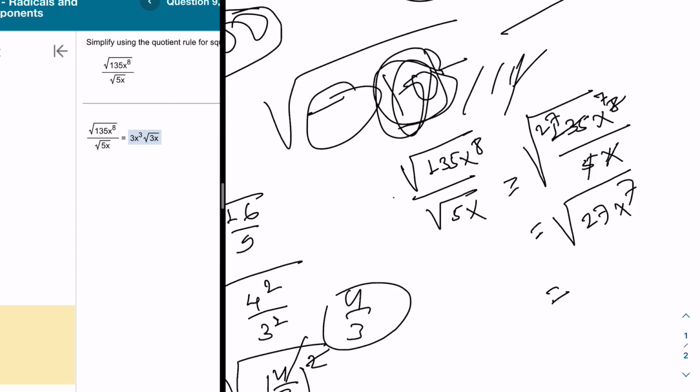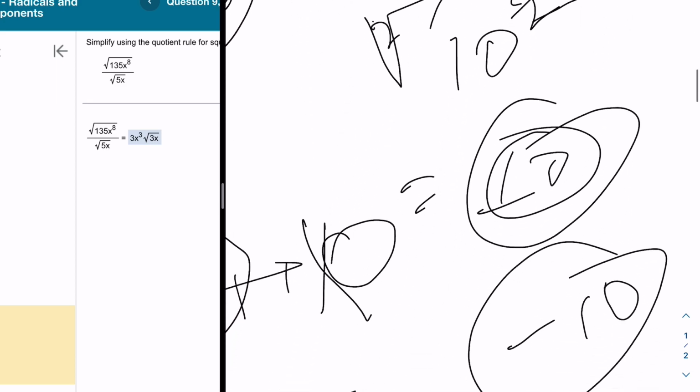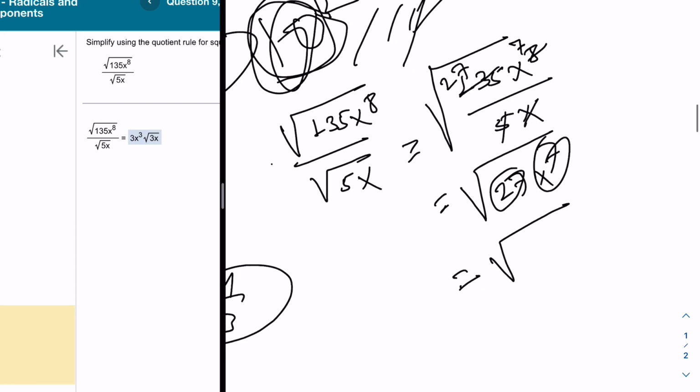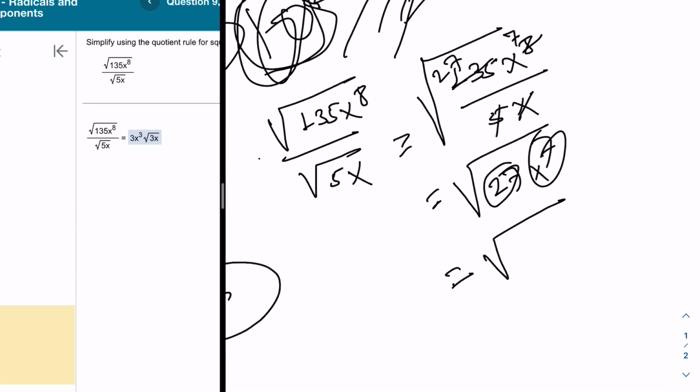Now the next step we need to do is try to make this term in the square form, and also this one as a square form. So 27 we can write as 3 squared into 3, right? 3 squared means 9, 9 into 3 is 27, right?